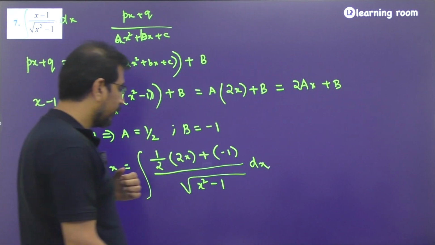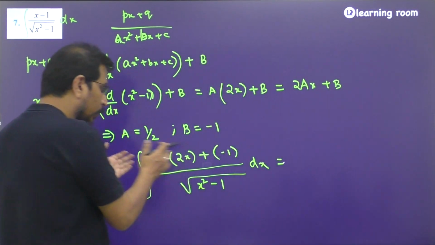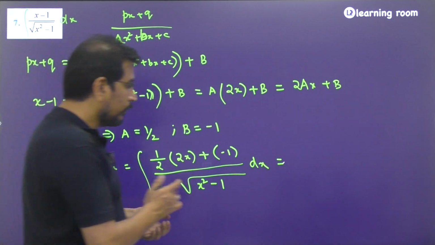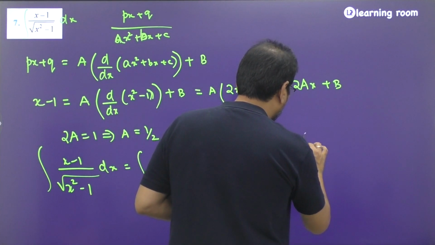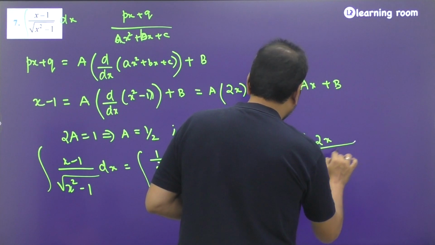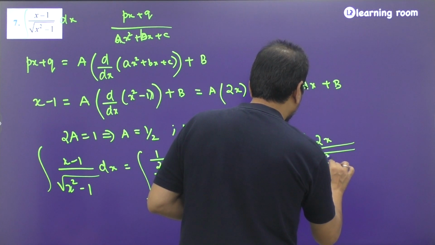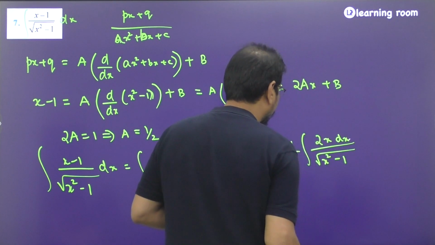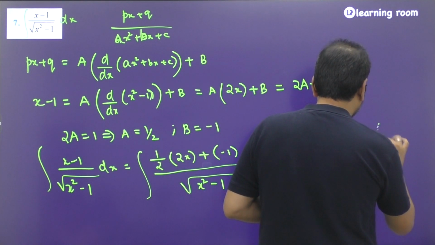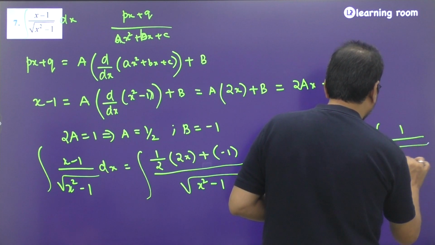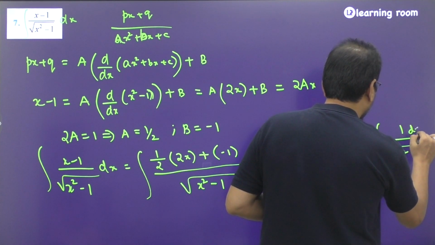So when you do this, you split the denominator to each term in the numerator. So half into integral of 2x divided by root of x square minus 1 dx minus integral of 1 divided by root of x square minus 1 dx.